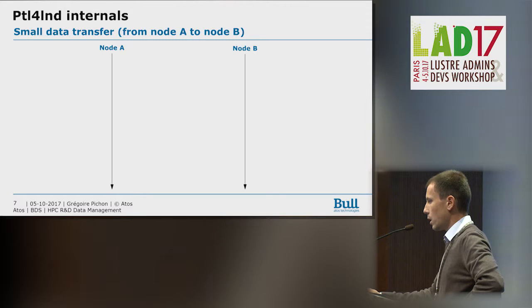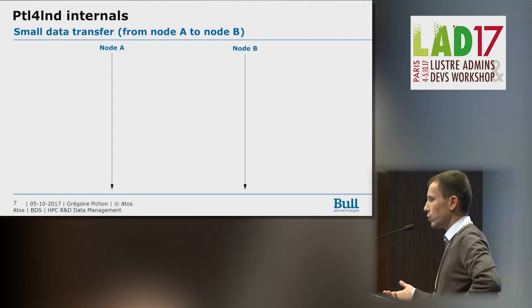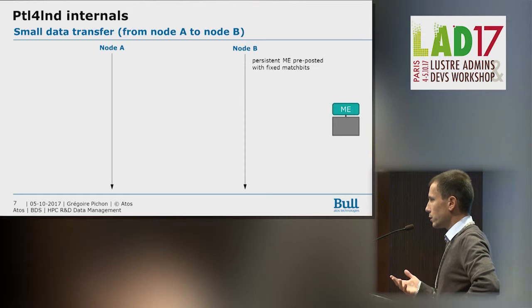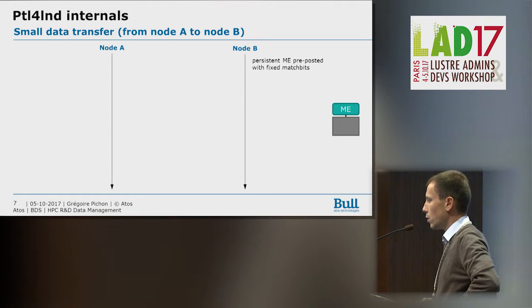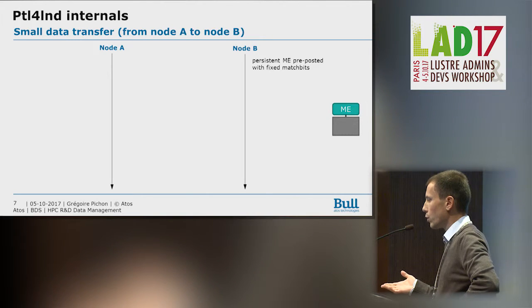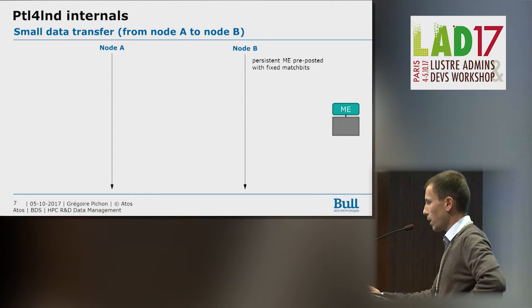So let's have a look at how we are able to transfer small data from node A to node B. We have prepared resources on the target node, which is on the overflow list, with a persistent memory entry with a fixed match bit.